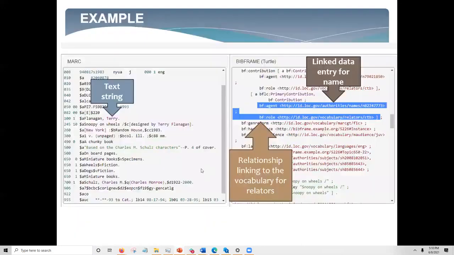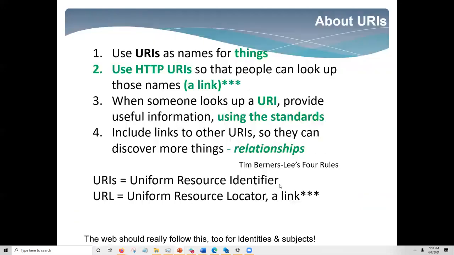Well, that's number 2 right there with the agent. When someone looks up a URI, they could either look it up by actually going and looking it up, or in our case, we're going to use a link so they can just click on the link and go directly there. When someone goes to look up a URI, provide useful information using standards.